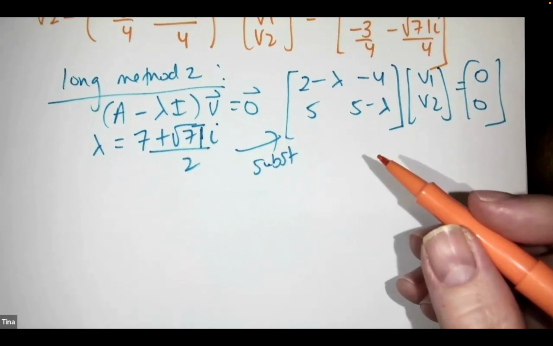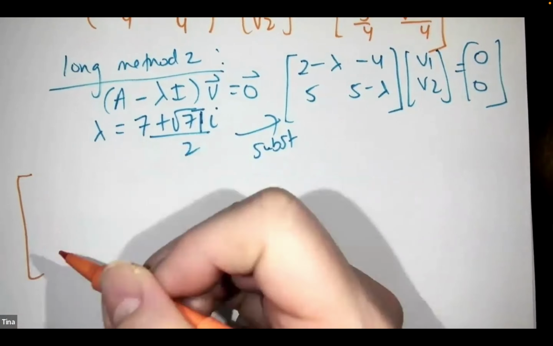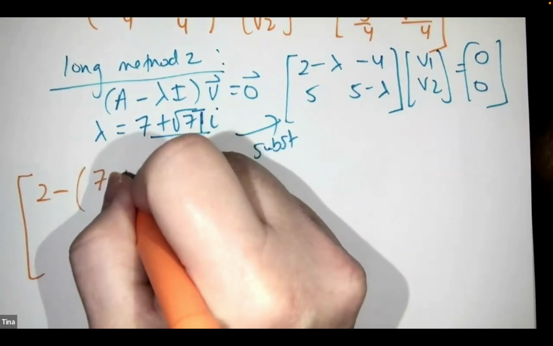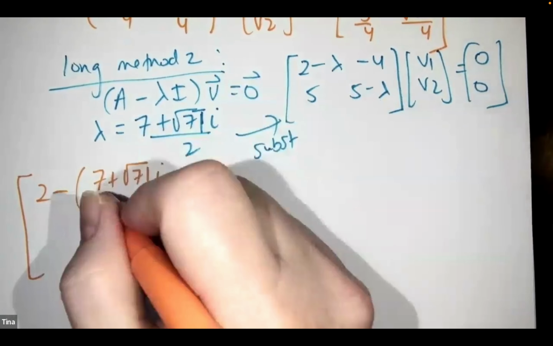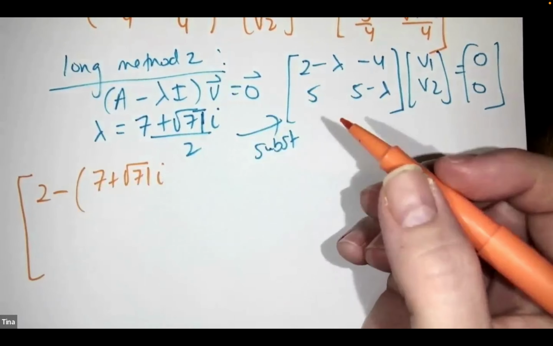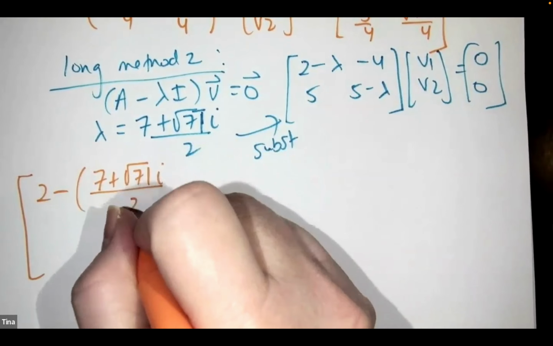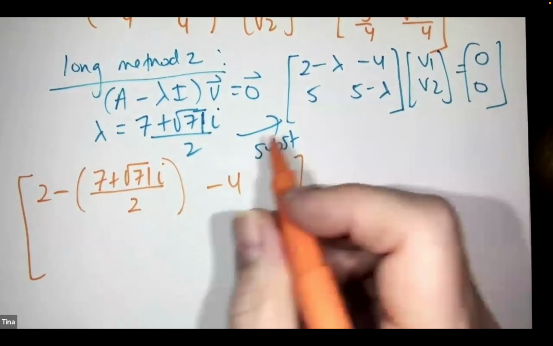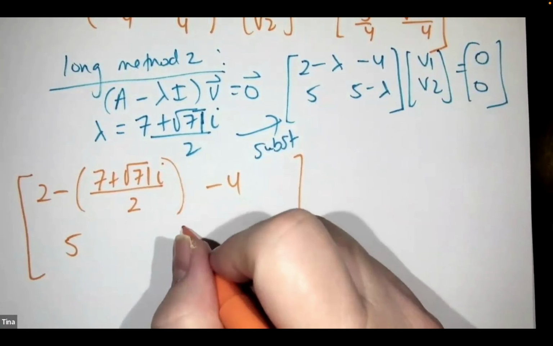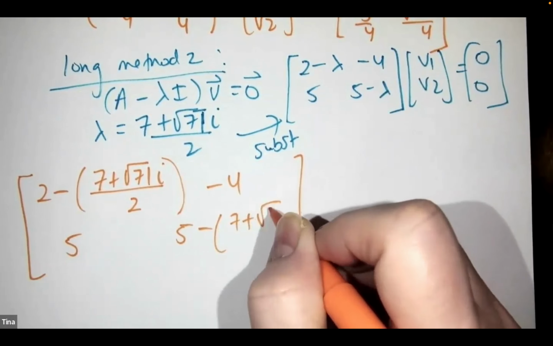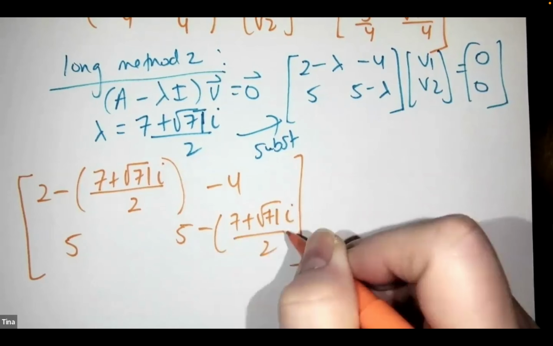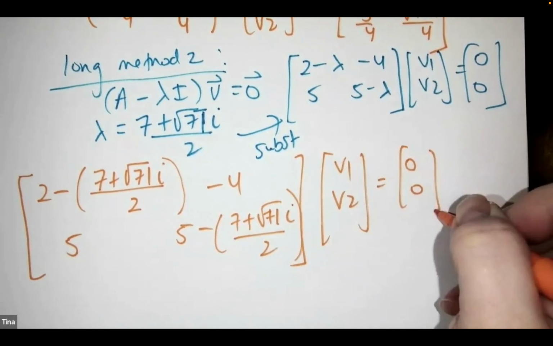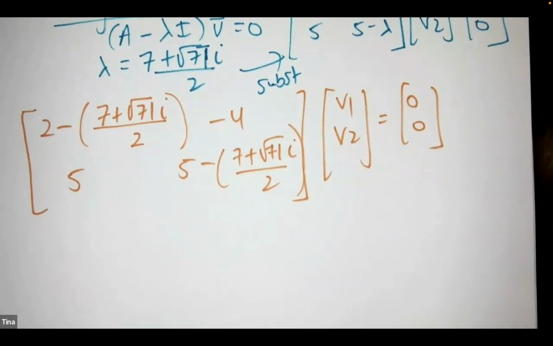Okay, so if I put that in there, then I've got 2 minus 7 plus root 71i over 2, negative 4, 5, and then 5 minus 7 plus root 71i over 2. I think I'm actually going to run out of room.